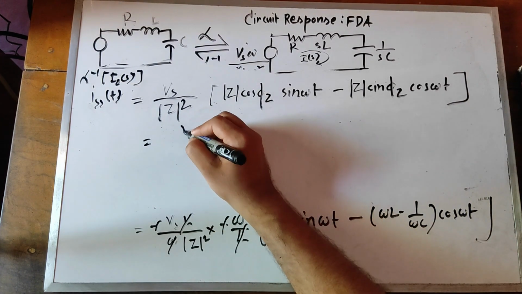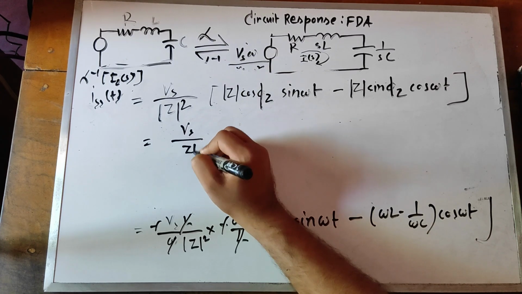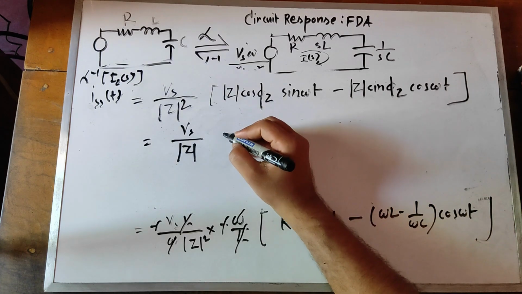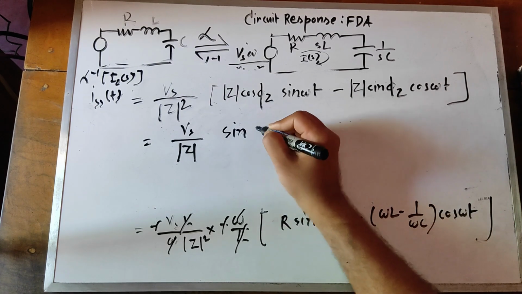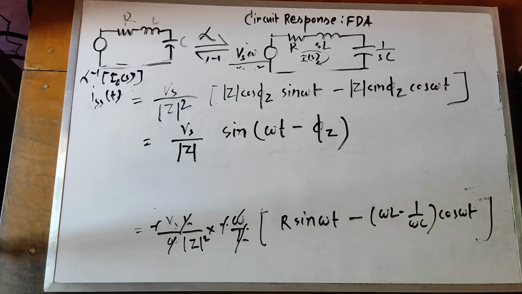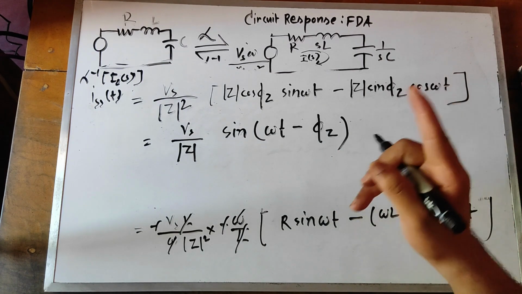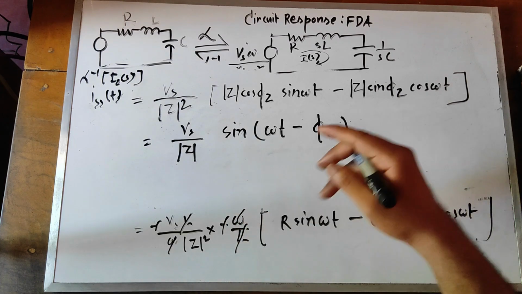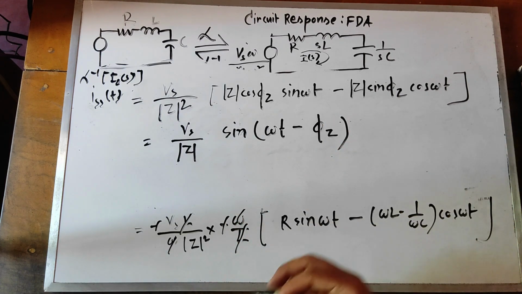So this will give me Vs by z, and by trigonometric formula, this is sine omega t minus phi z. So it's the same as I found in the time domain, the steady state response.